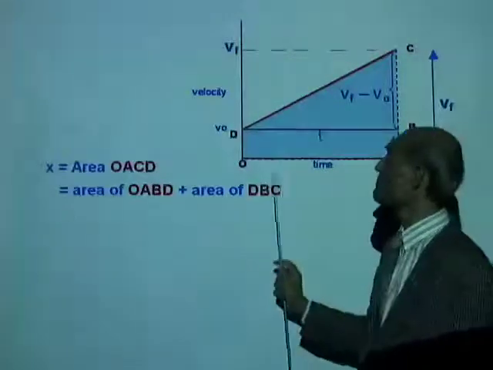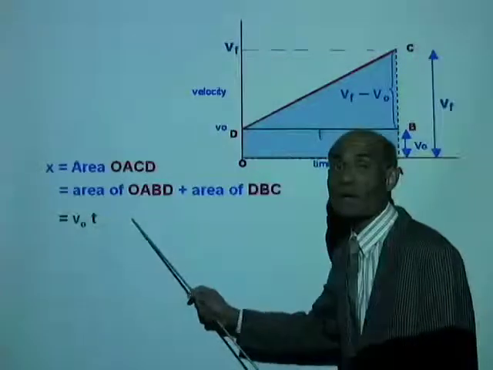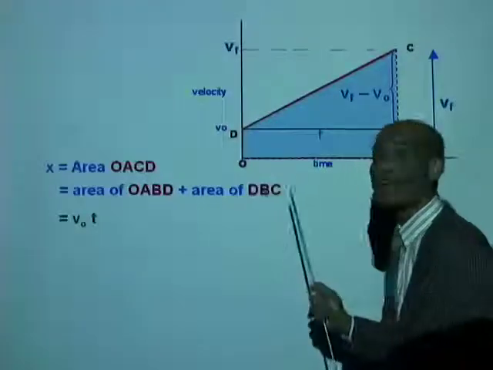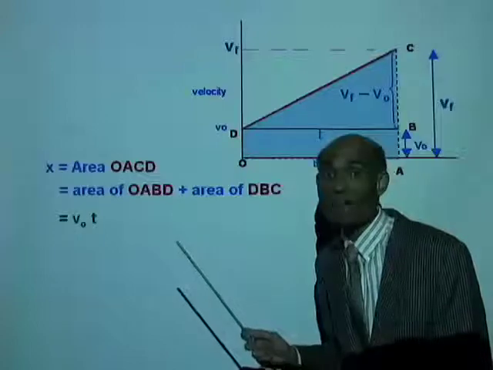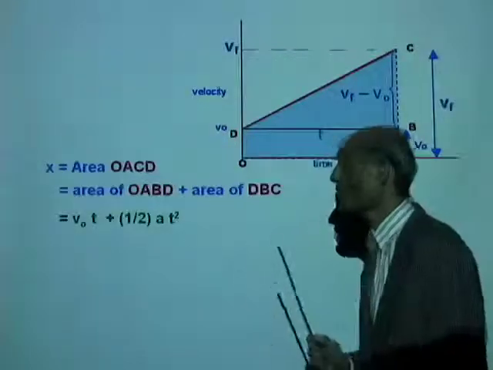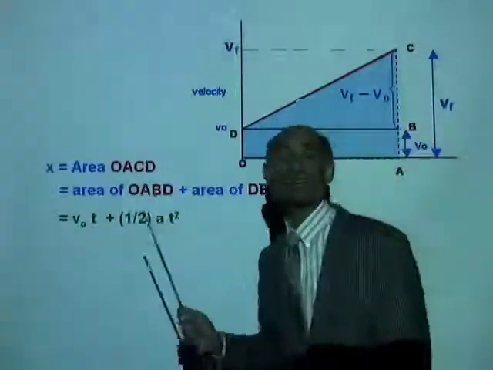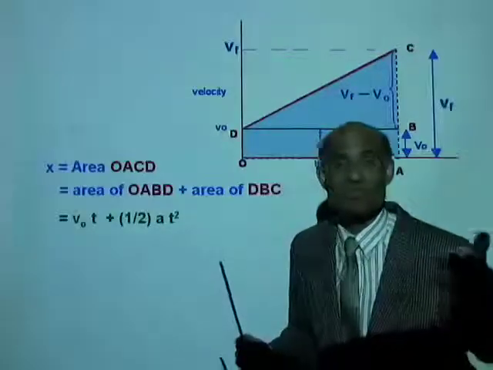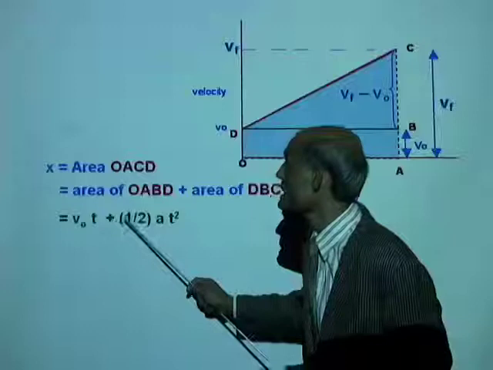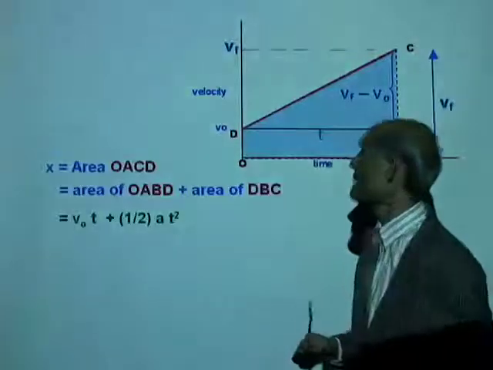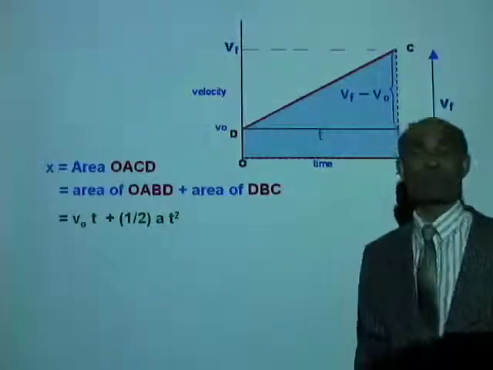V0 multiplied by t, plus what is the area of the triangle we just obtained? 1/2 AT squared. And again, look at another beautiful equation: x equal to V0t plus 1/2 AT squared.